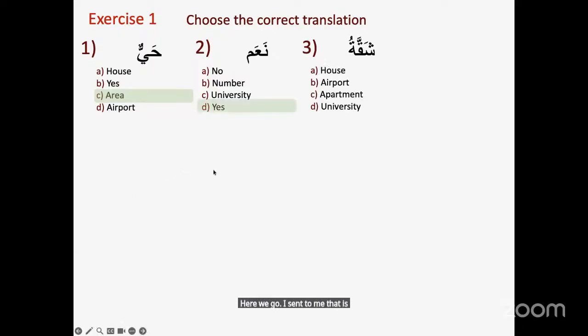Ahsantum, that is D. Yes. Okay. What about the word shaqqa? Right, that's good. That is C. It is apartment. Ahsantum.